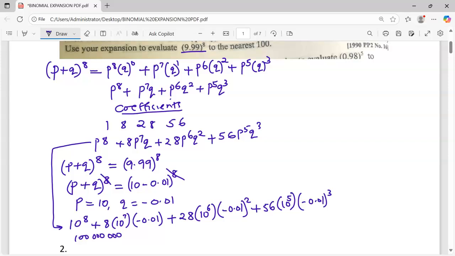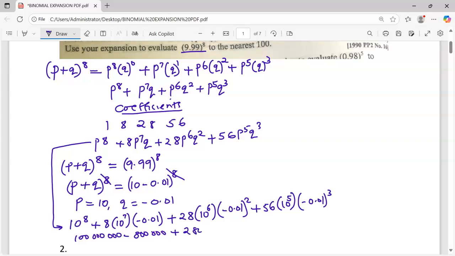You multiply by 8 times negative 0.01. This one is going to give us minus 800,000. Then plus 28 times 10^6 multiplied by negative 0.01 squared. You get 2,800.